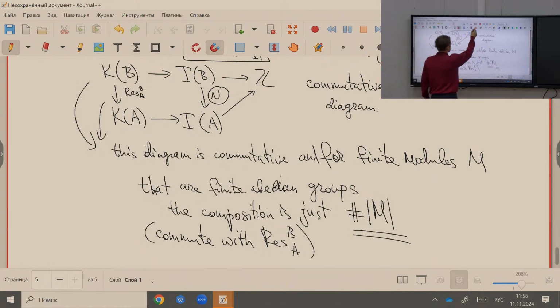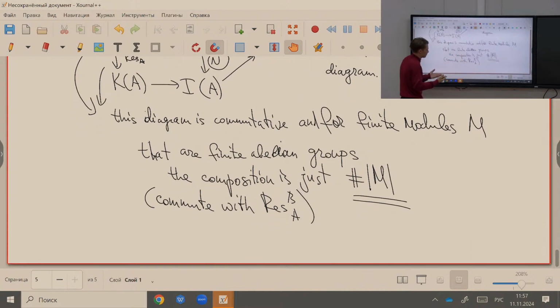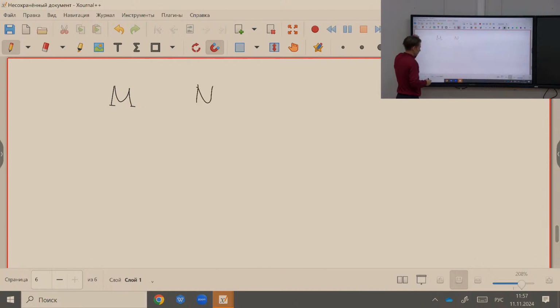So the problem is, why is this map well defined? It is defined on commensurable sets. So you do not have an absolute number for your module. You have to compare your module with something. If you have two modules, M and N, you have to do the following.